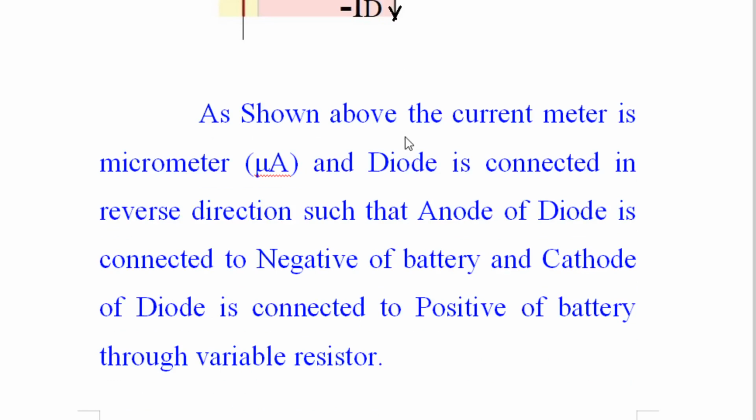Now here, as shown above, the current meter is a microammeter. That is what I explained to you in the beginning diagram.